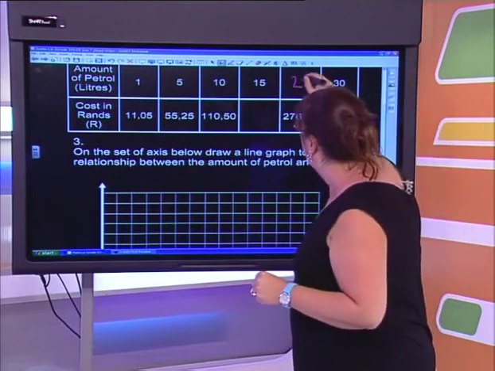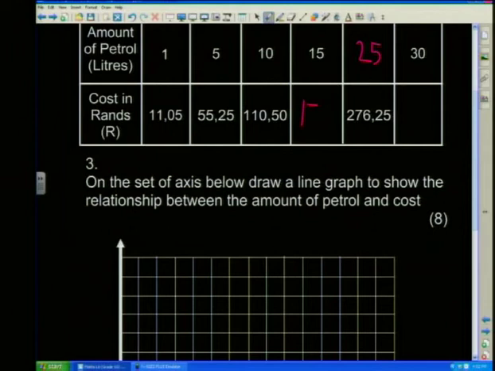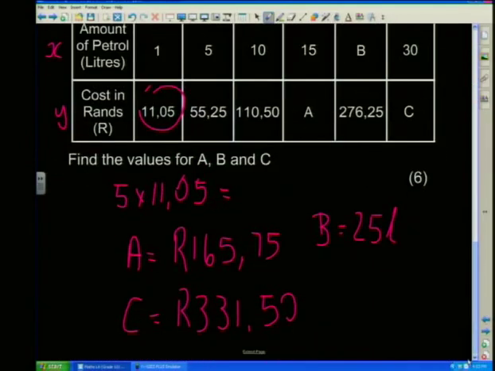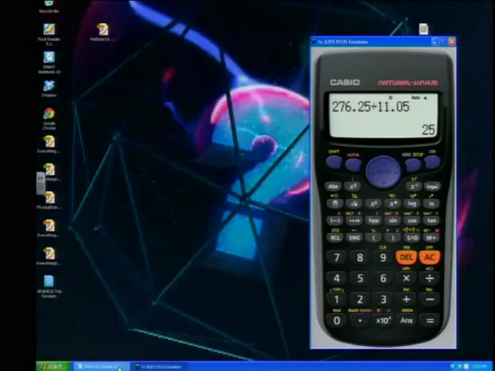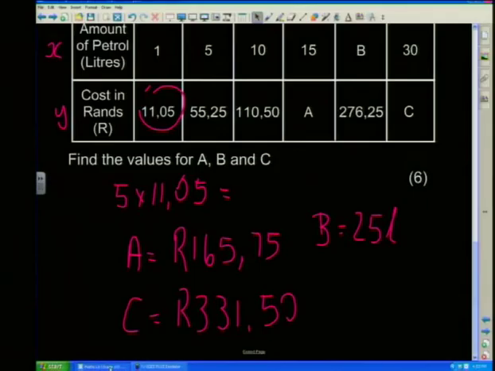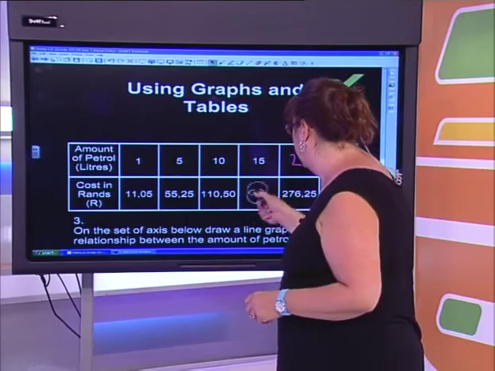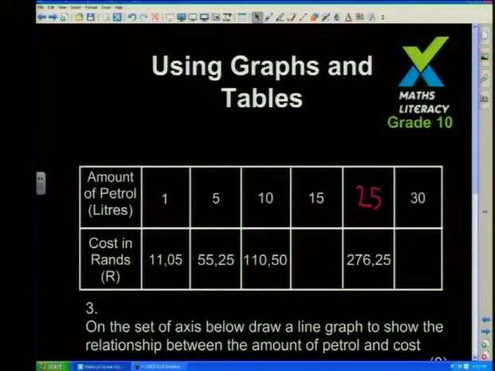We know that's 25, and we know that this was 165 Rand 75. See, I'm rushing, really running out of time. Don't panic. It'll get done.